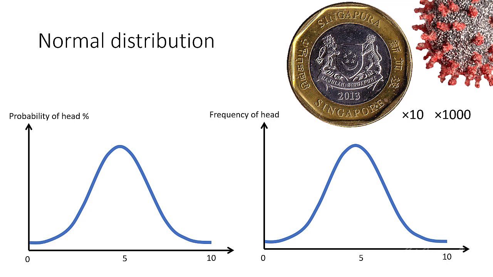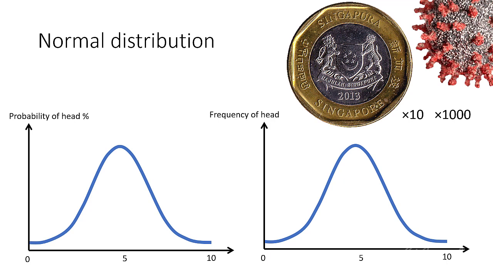This type of graph, we call it a graph of normal distribution, or a bell-shaped curve. This bell-shaped curve shows that the probability of occurrence at the mean is the highest. Then as we go away from the mean, the frequency will decrease. So this is the normal distribution. Highest frequency will be at the mean. Then as the data become more and more extreme, the frequency will decrease.